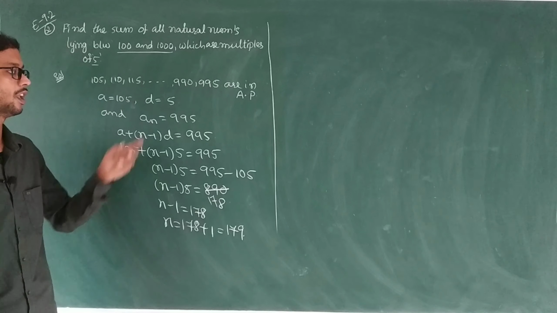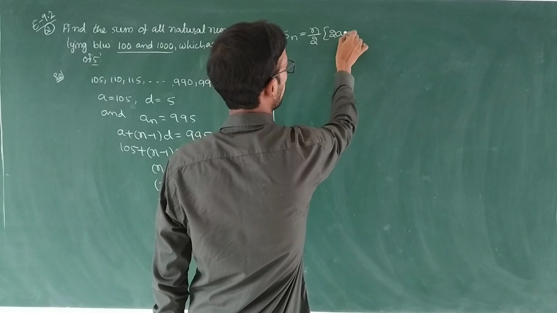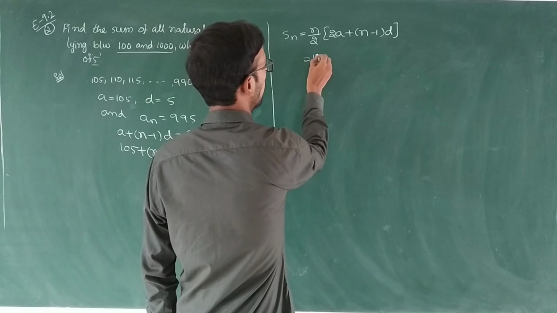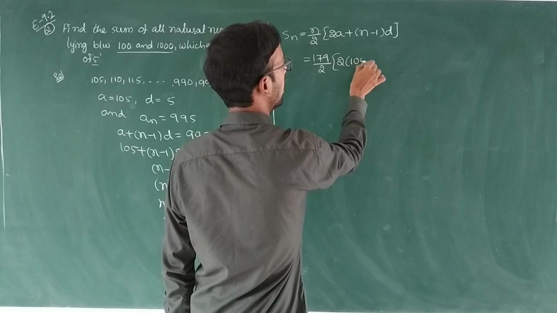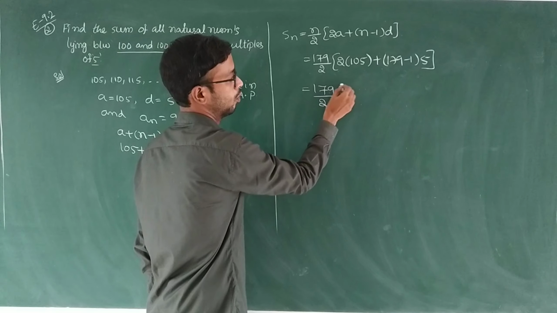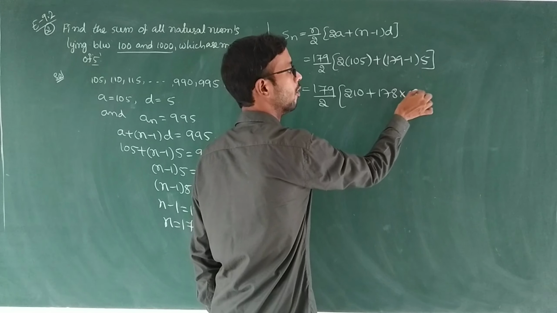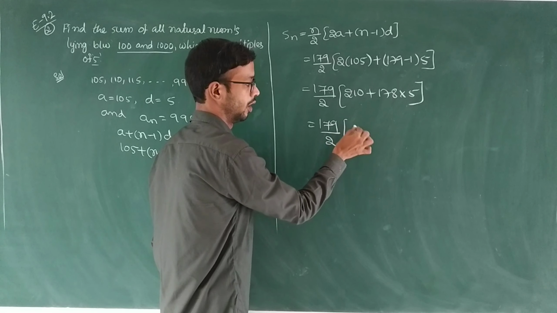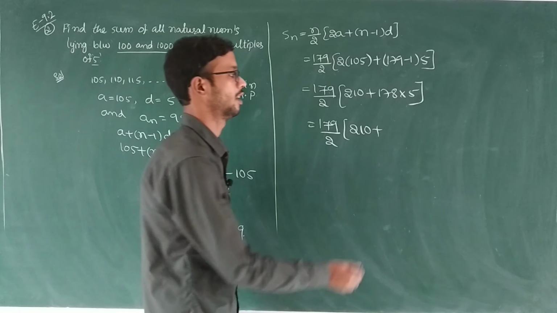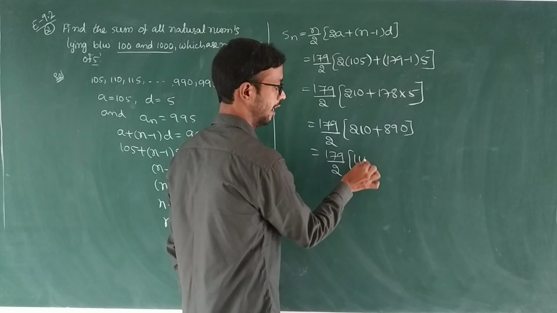So we have the n value, a value, d value, all values. Now I go to the sum of n natural numbers in AP formula and substitute the n value. 179 by 2 into 2 into 105 plus 179 minus 1 into 5. 179 by 2 into 210 plus 178 into 5, which is 890. 179 by 2 into this value, 1100.